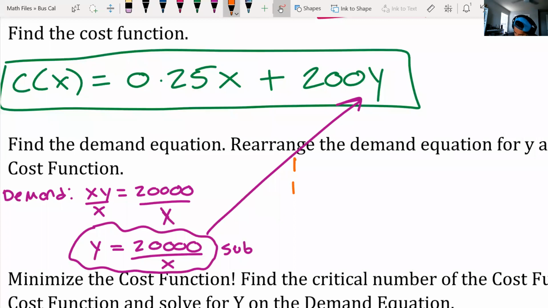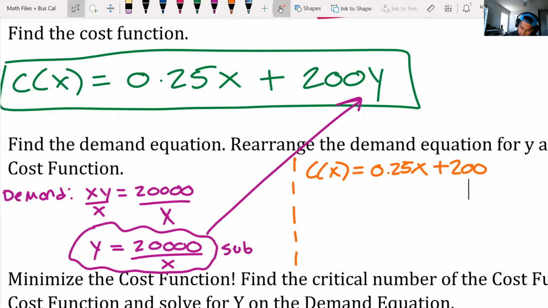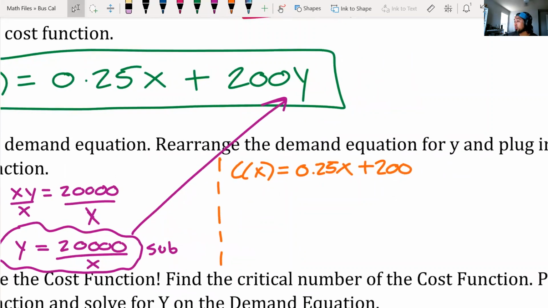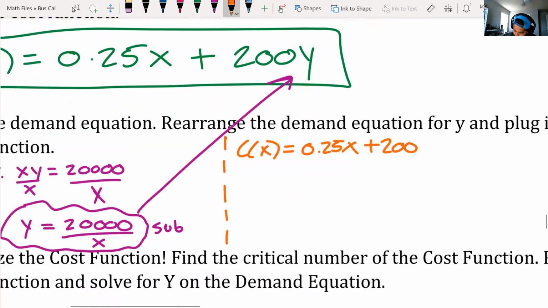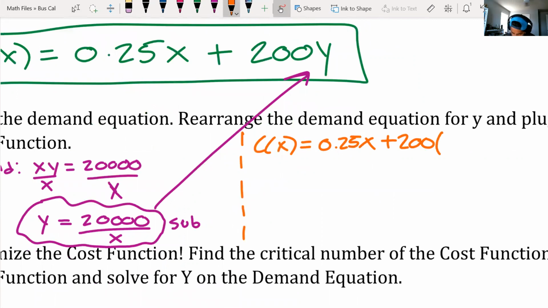So that means we're going to have C of x is equal to 0.25x plus 200 times my substitution for y, which is 20,000 over x.